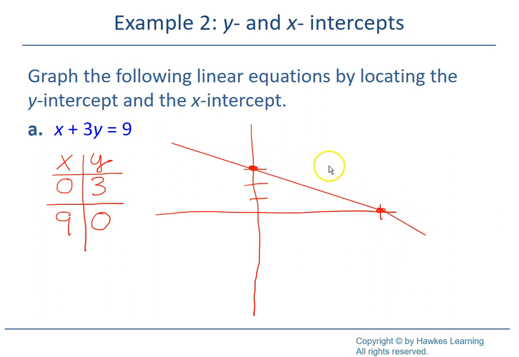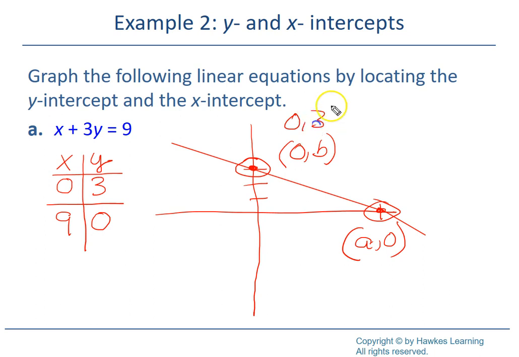The value of this will be 0, comma b, and this is going to be a, comma 0. And again, our actual points, 0, comma 3, and 9, comma 0.